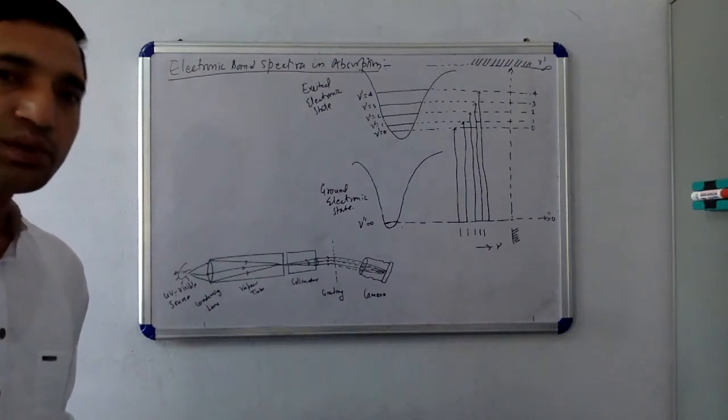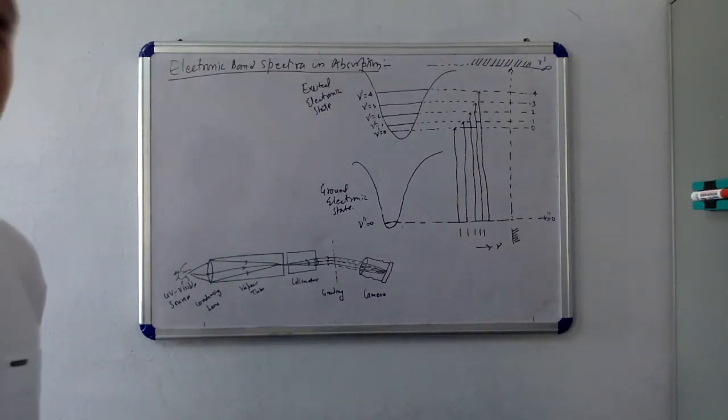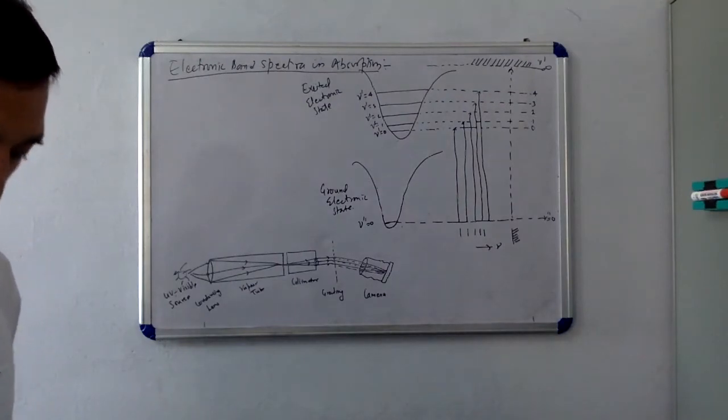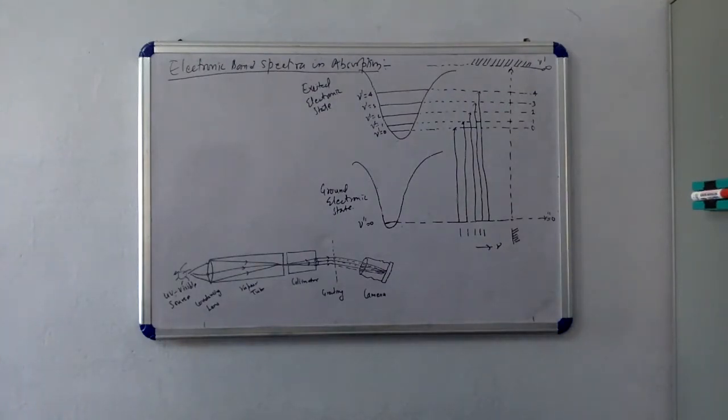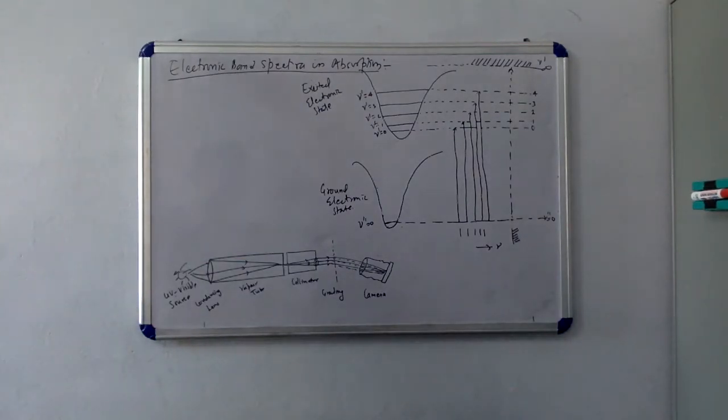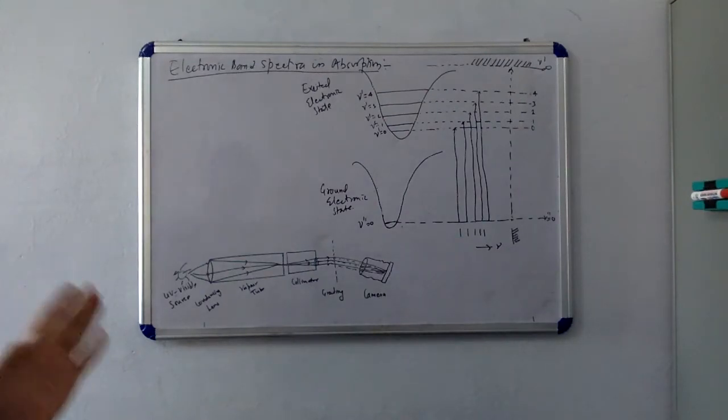And there is a very important difference between this absorption spectra and what we did in the previous class, that is, the emission spectra. The emission sources of the band spectra are usually at a temperature higher than room temperature, and so a large number of vibration levels of the excited electronic state are appreciably populated.